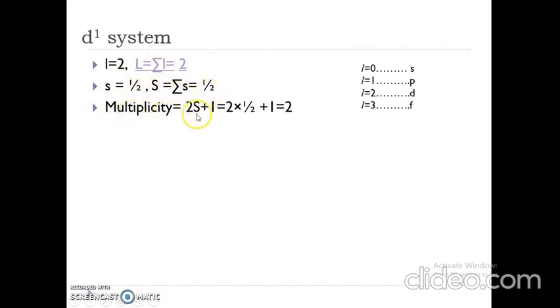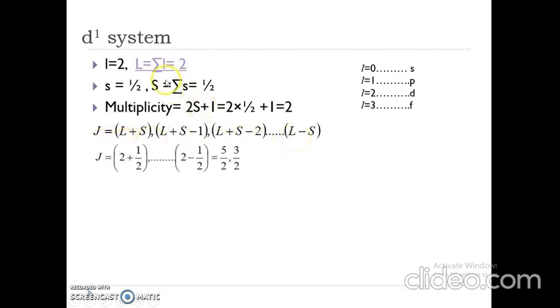Multiplicity is 2S+1, that is 2 times half plus 1, that is 2. Which means you can expect 2 J values. So J is equal to L+S up to L-S, that is 2 plus half up to 2 minus half. 2 plus half is 5/2. 2 minus half is 3/2.